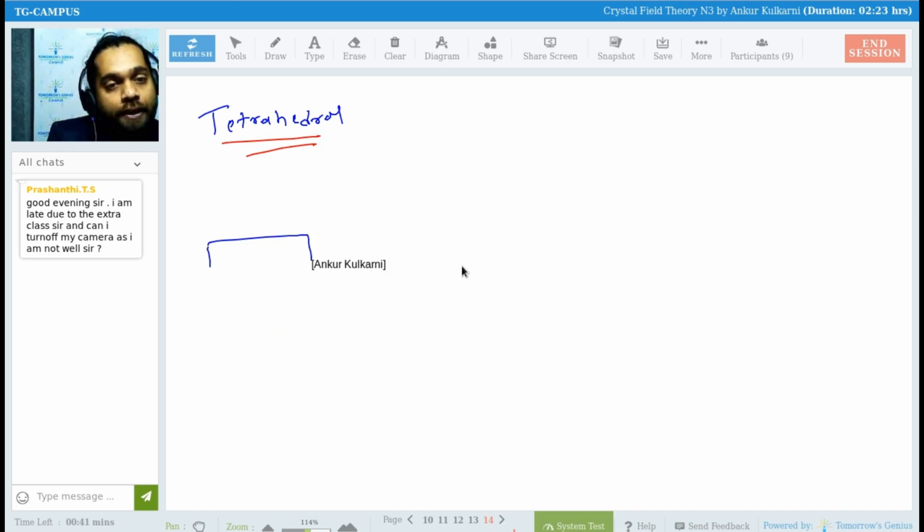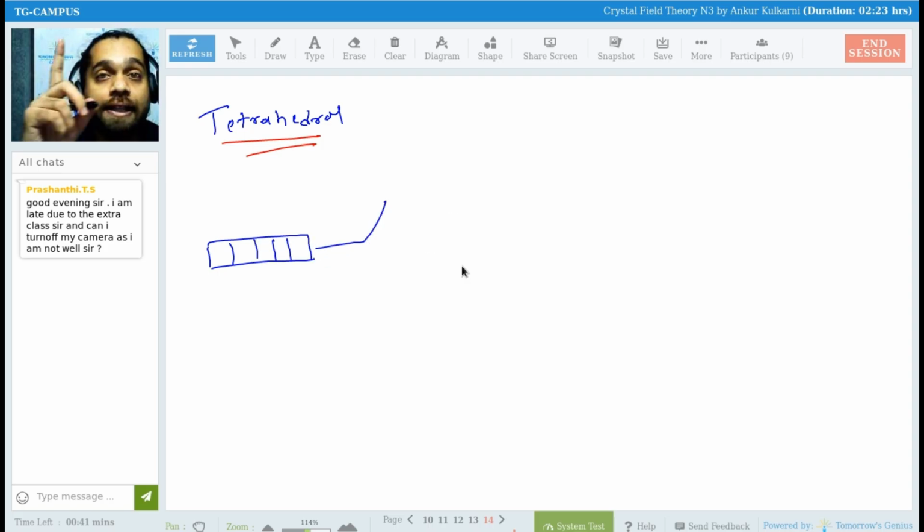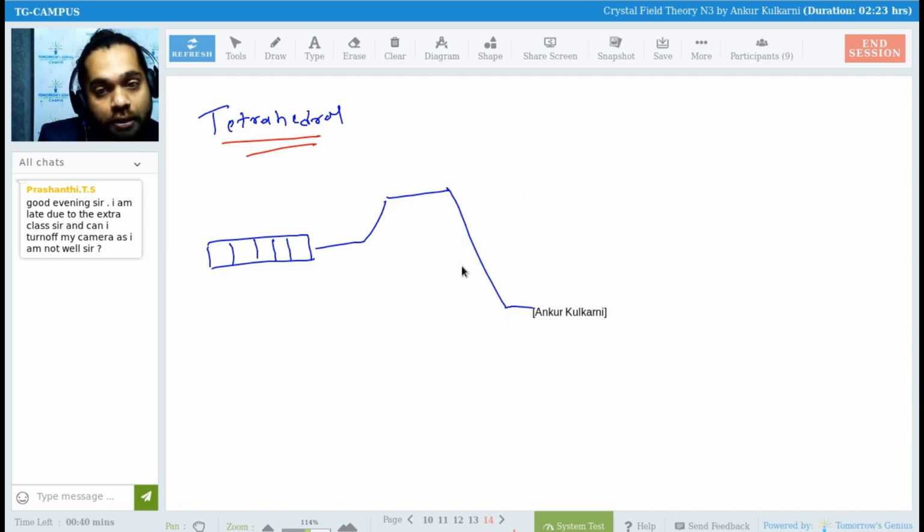Your d orbitals are as they are, same logic. But in the tetrahedral, the ligand approaches via the axis. So hence Eg comes down and T2g goes up.